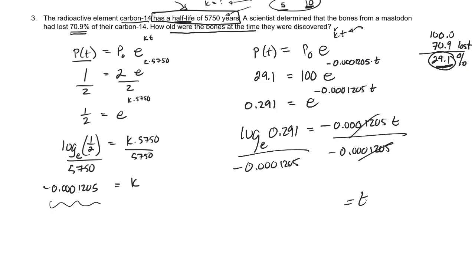So t is equal to the ln of 0.291 divided by negative 0.0001205. That equals, so the time is 10,244.2 years. So that's how old the whatever it is, mastodon, is.